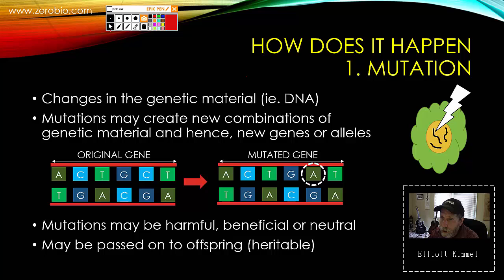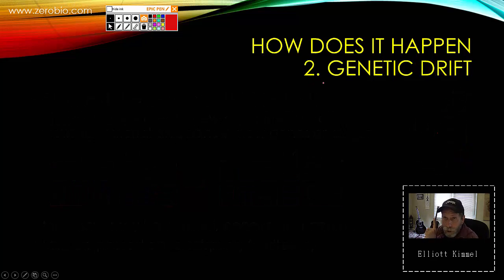Anyways, that gets into some other aspects of mutation we don't need to cover. Okay, so mutation is a form of producing new genetic material, new genes, new alleles, which is important for microevolution.